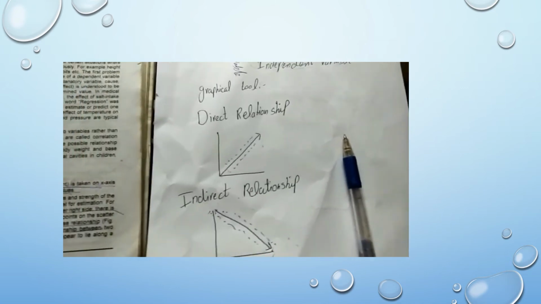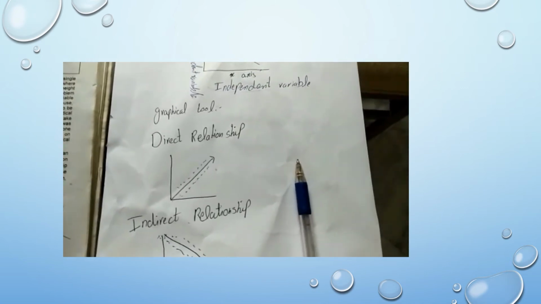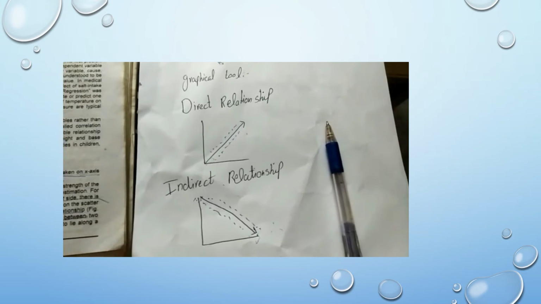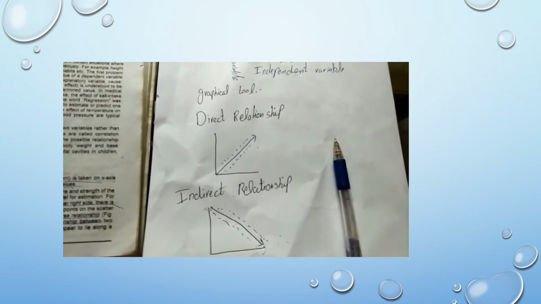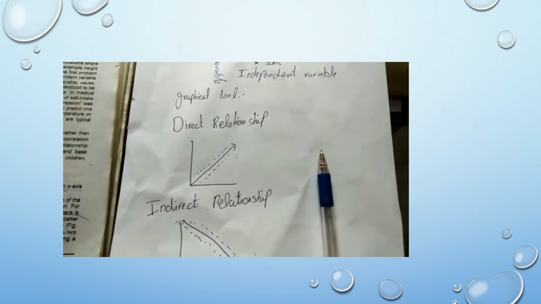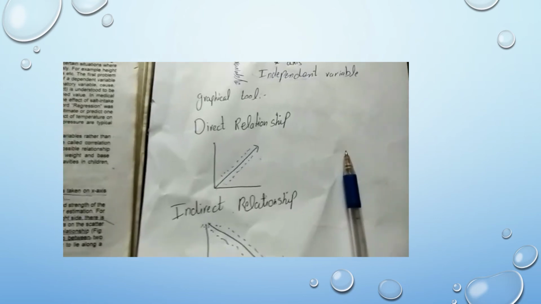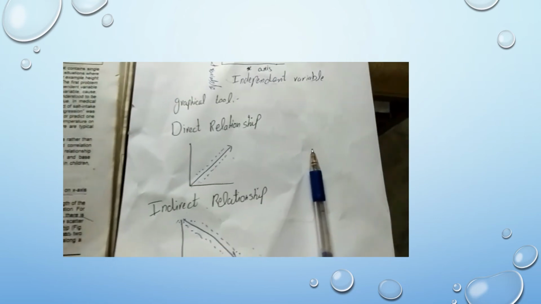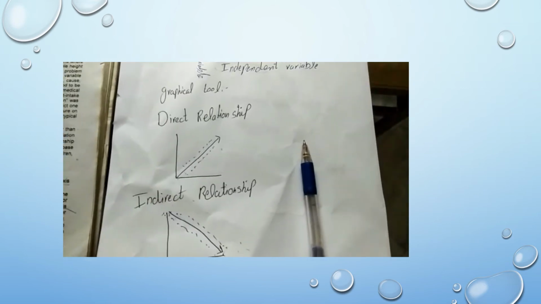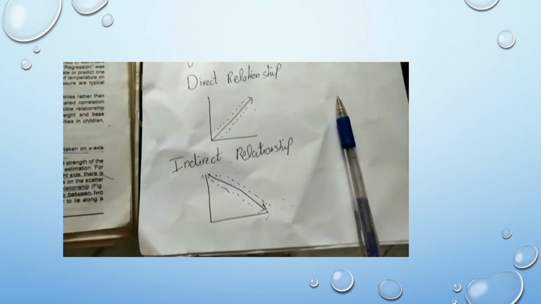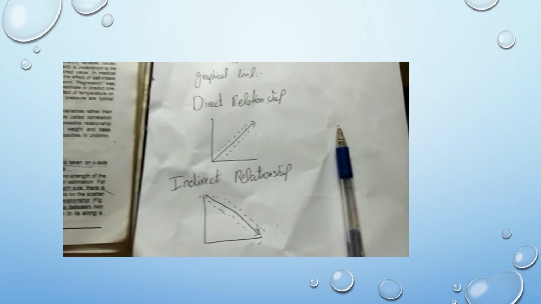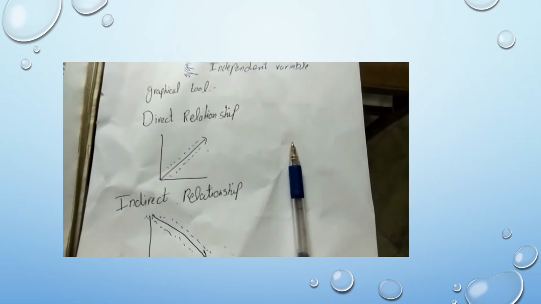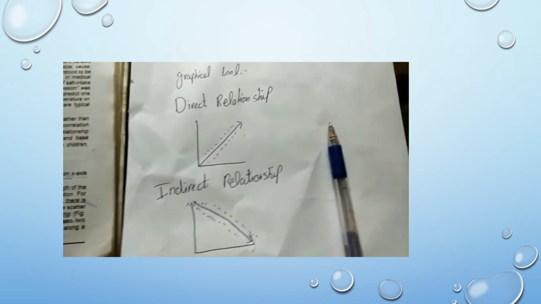In the first, the relationship goes from the low left point to the high right side, and in the indirect relationship from the upper left side to the lower right side.